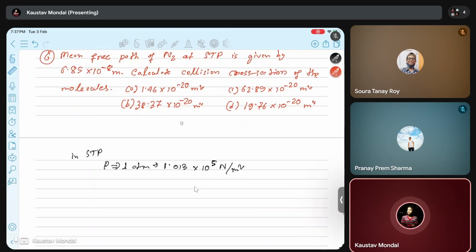Okay, so now lambda is 6.85 into 10 to the power minus 8 meter.